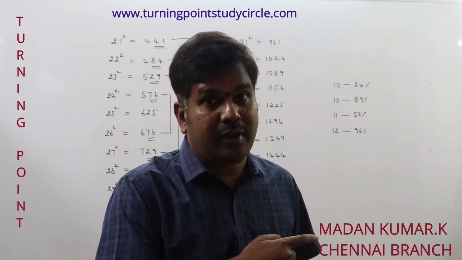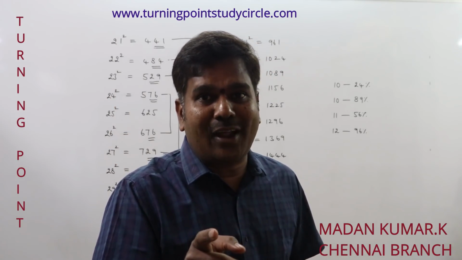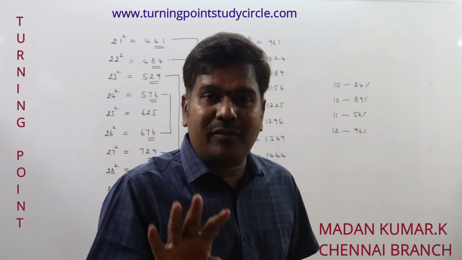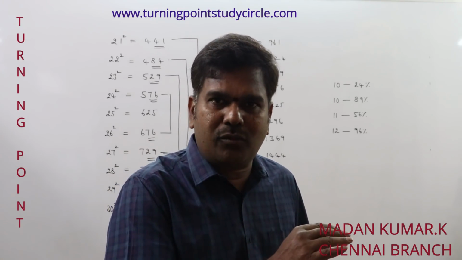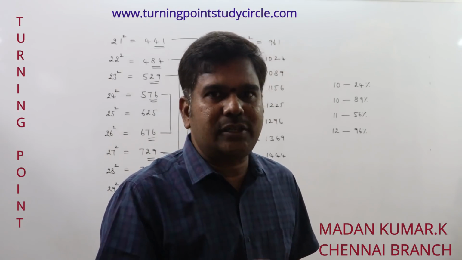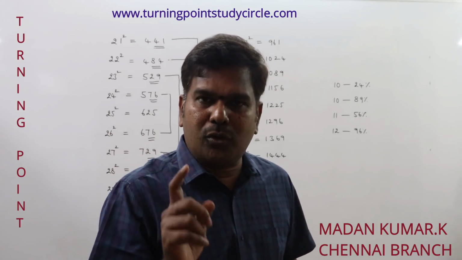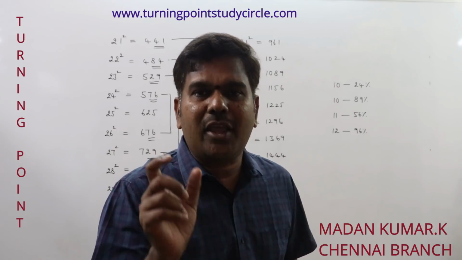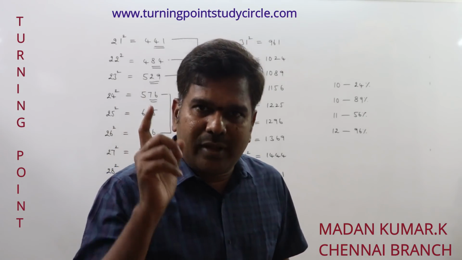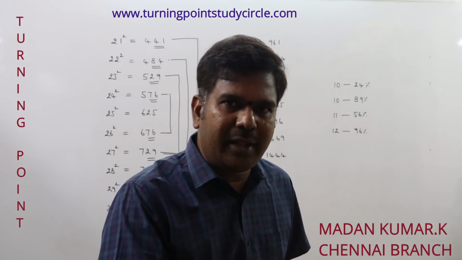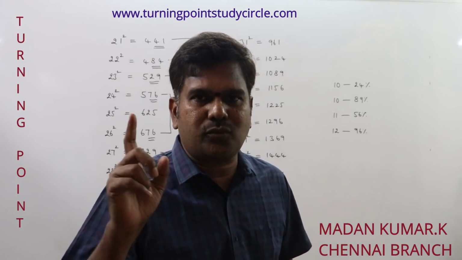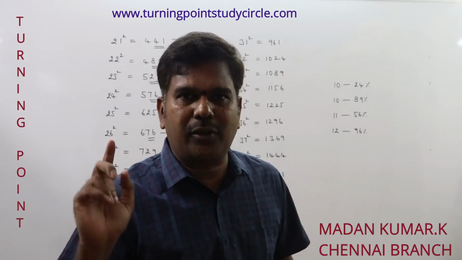But don't put 321, because from 32 square onwards values are 4-digit values, till 99 square. So it should be 1521. So 39 square is 321, meaning 1521.